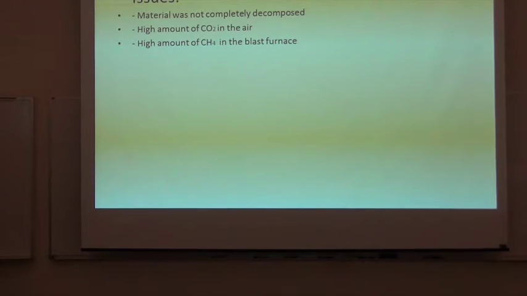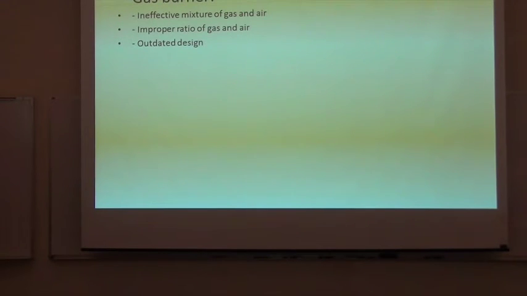Then when we increased the temperature inside by increasing the gas flow, the material was completely burned, so we couldn't use it, and also there was a high amount of methane in the combustion chamber and high amount of CO2 in the air. So we figured out that the problem is most likely going to be in the gas burner.